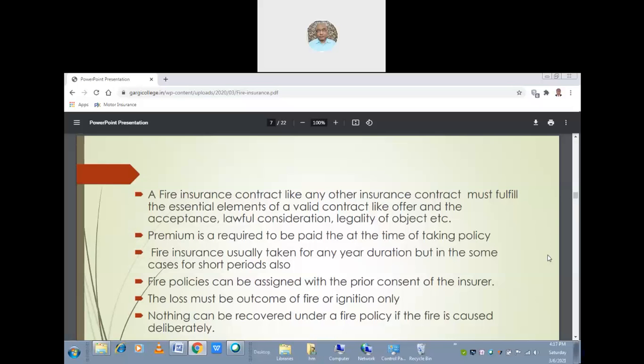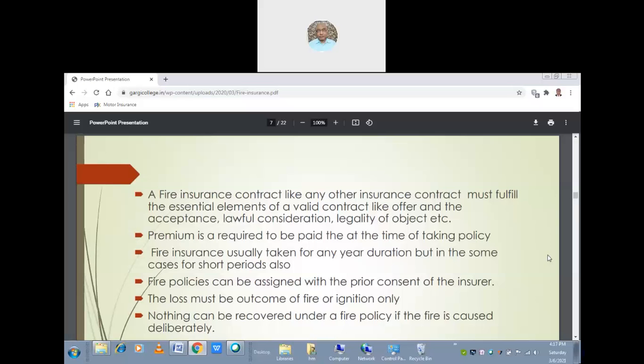The premium is required to be paid at the time of taking the policy, and the premium is like consideration. Without paying the premium, the contract is not valid. First the premium should be paid, then only the bond will be prepared and sent to the insured.